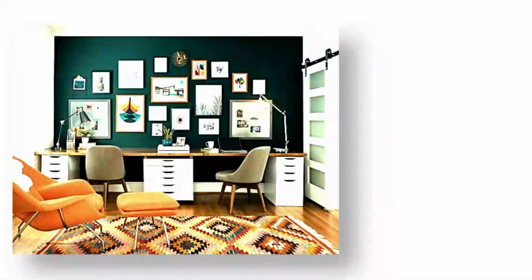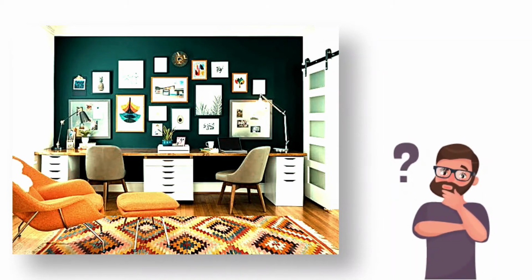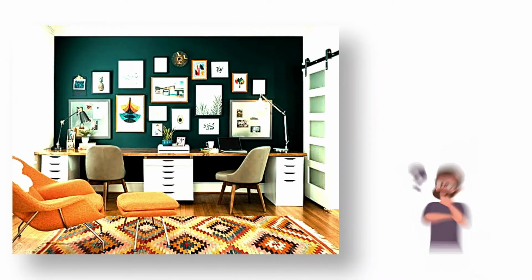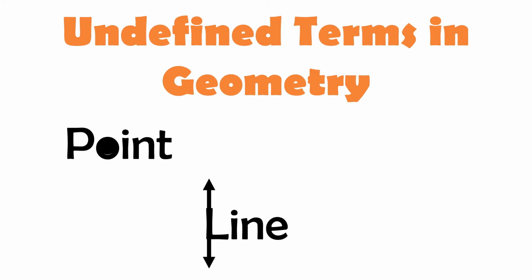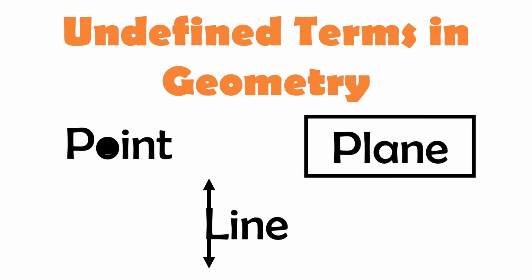Look at the things inside your house. Can you find objects that represent points, lines, and planes? Again, the three undefined terms in geometry are points, lines, and planes. Since they are undefined terms, we can only represent and describe them.